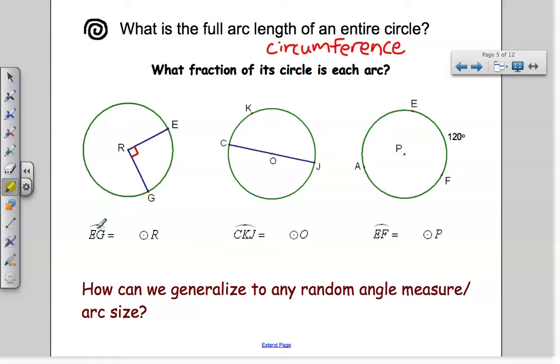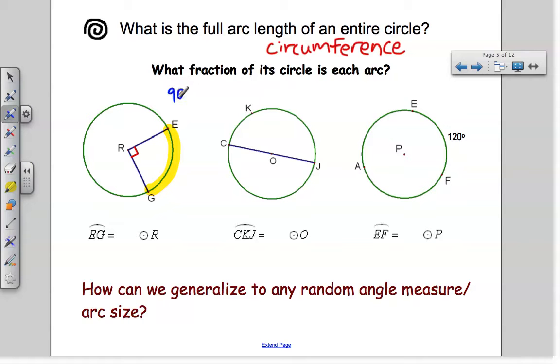So like here, the length of arc EG. If I wanted the length of this arc, this is a part of the total circumference. But how much? And my question is, like, what fraction of the circle is that arc? Like, what fraction could I put of circle arc? If this is a 90-degree central angle, I'm looking at 90 degrees out of 360.